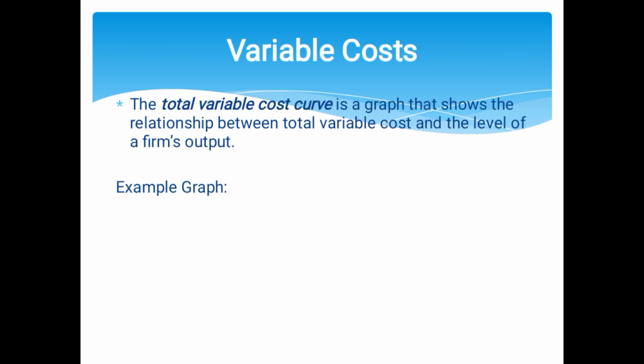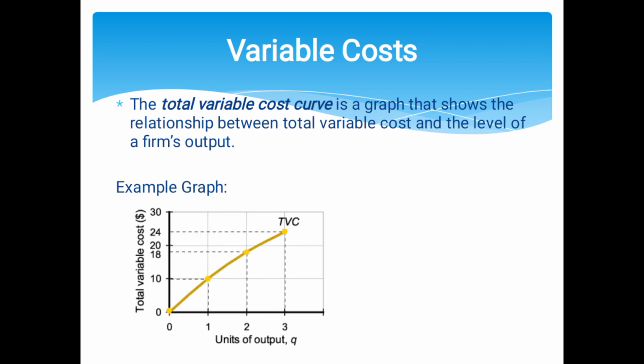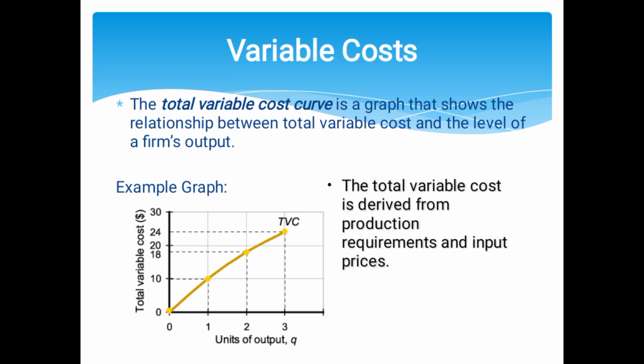Variable costs. The total variable cost curve is a graph that shows the relationship between total variable cost and the level of a firm's output. So here's the example graph. As you can see, the total variable cost is derived from the production requirements and the input. So the total variable cost is currently increasing.